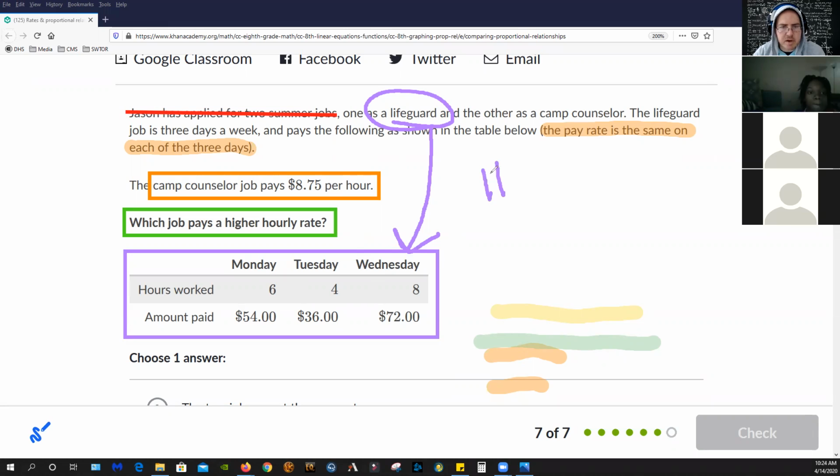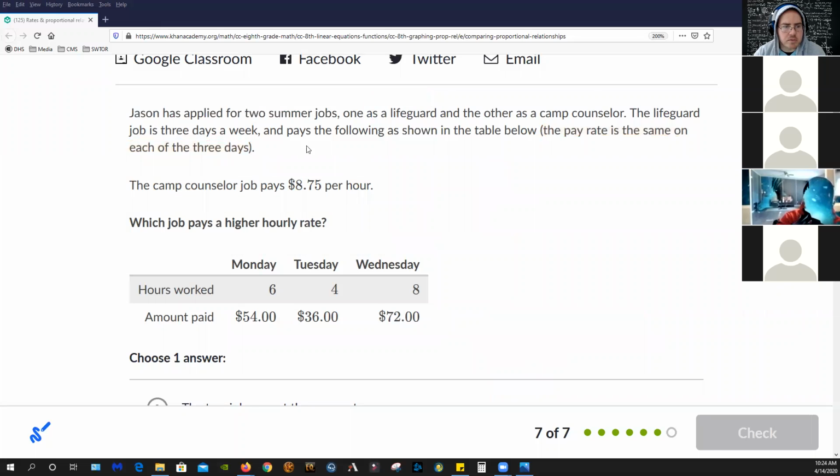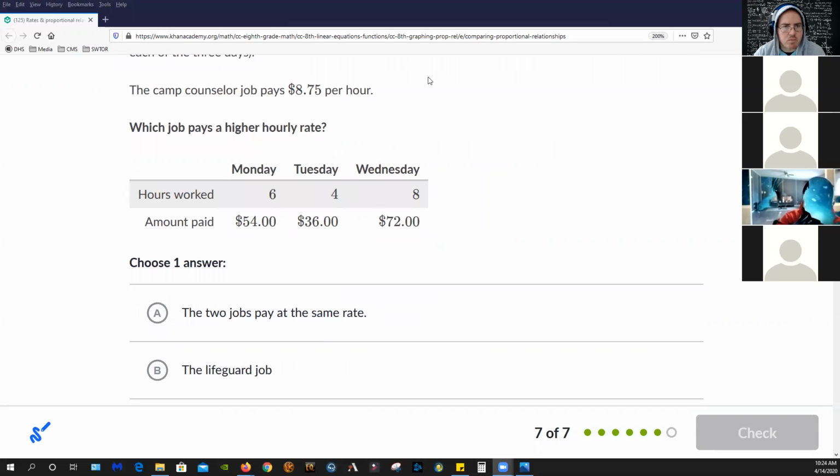We're looking at how much money we're making per hour, and they give us that information here in this table. So what I want to do is take this information and turn it into one number, just like the camp counselor is.